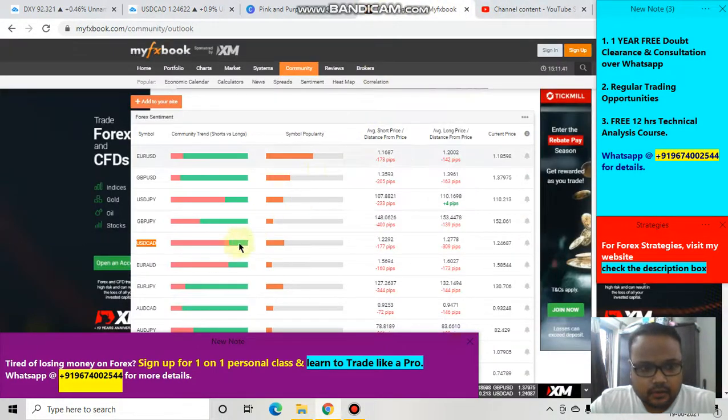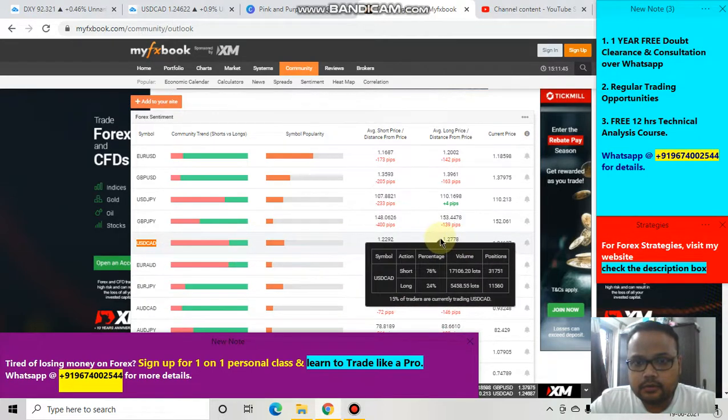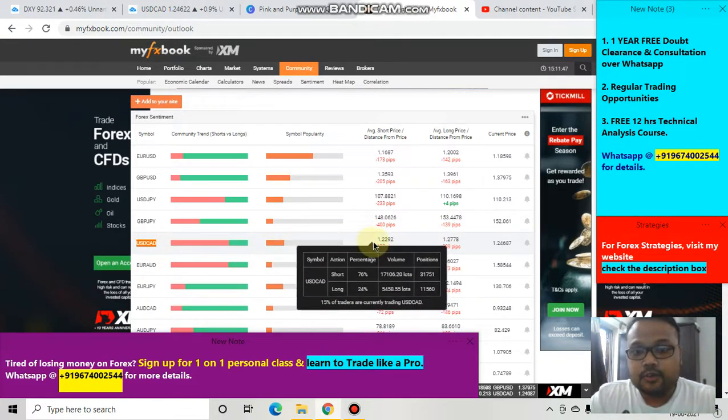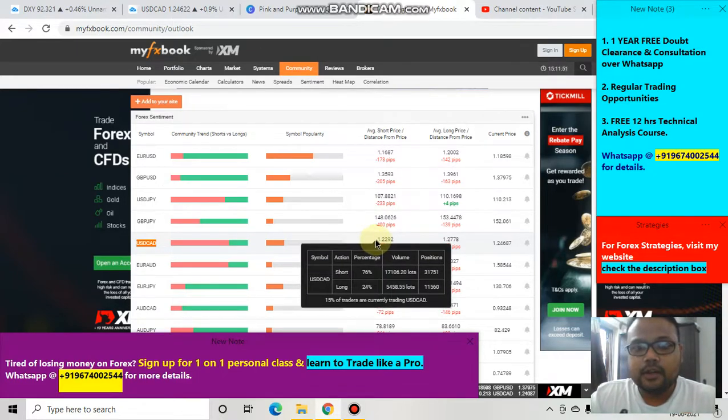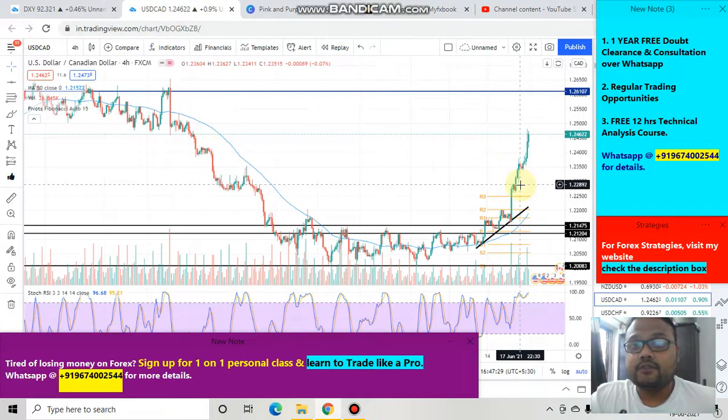Their average short position is 1.2292. Most of the traders have shorted the market here, and after that just look at the move upward.